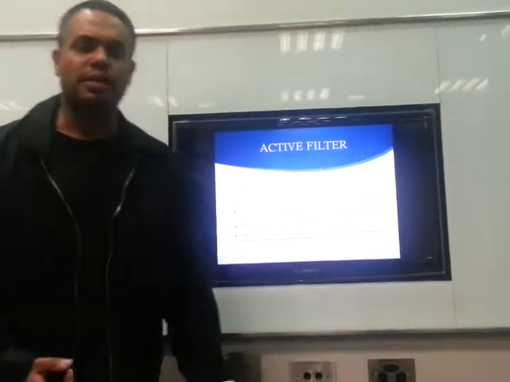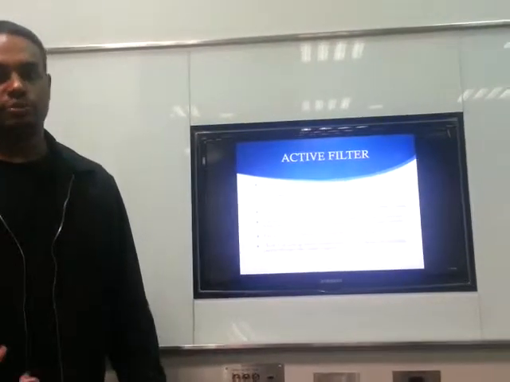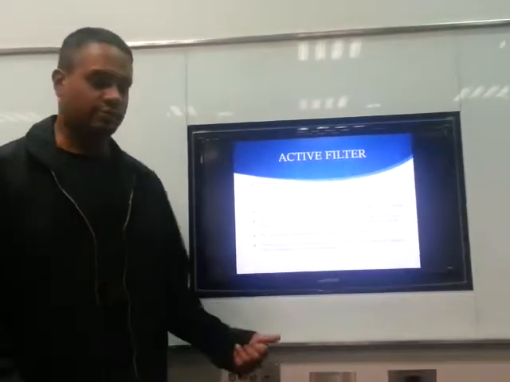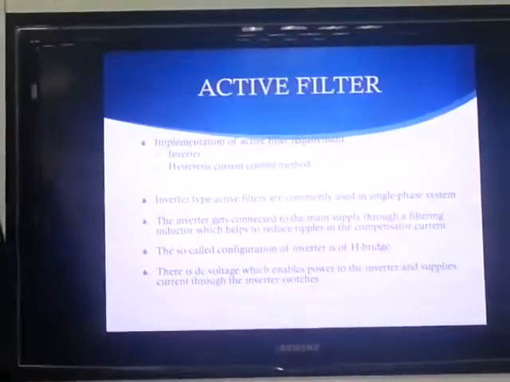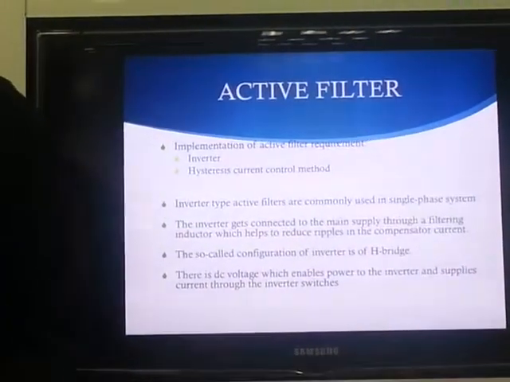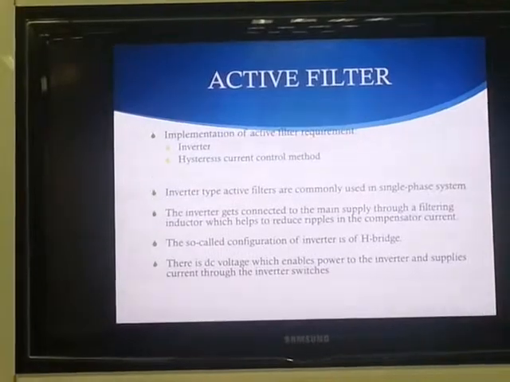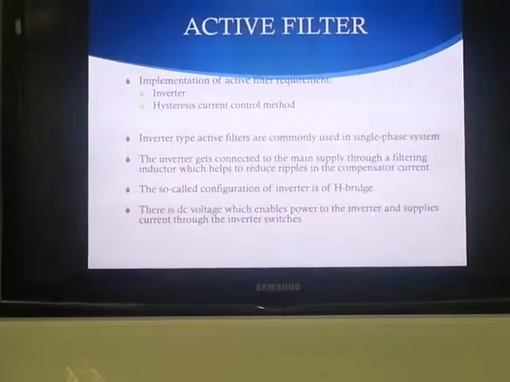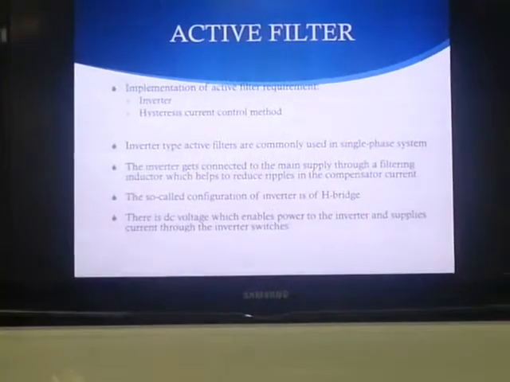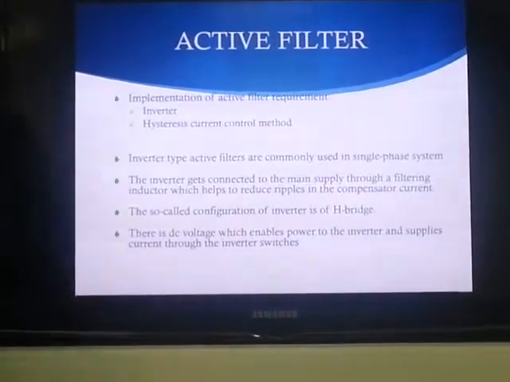Now let's look at the method I've used to mitigate these harmonics, which is the active filter. The main part of active filtering consists of an inverter as well as a hysteresis current control method.